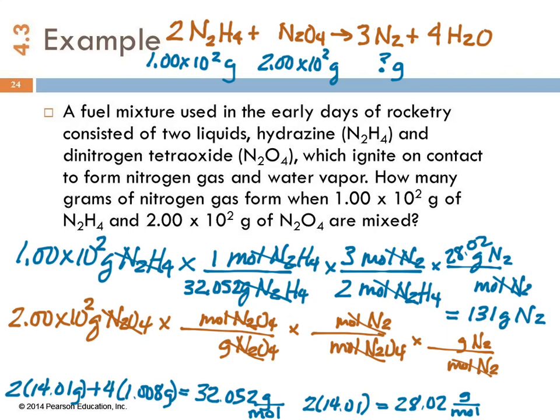Now, this is one of the reasons it's not really even any extra work to go ahead and calculate the mass of product for both. This last term is the same for both of them. So it's really no extra work at all, 28.02. The guy in the middle, chemical equation, 3 and 1. Molar mass of N2O4.